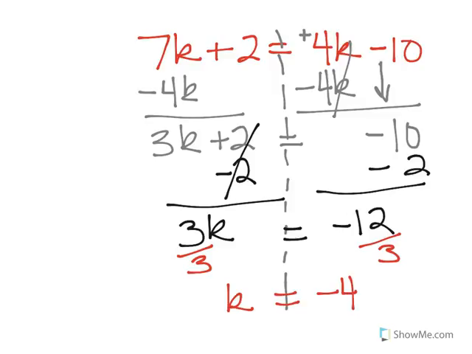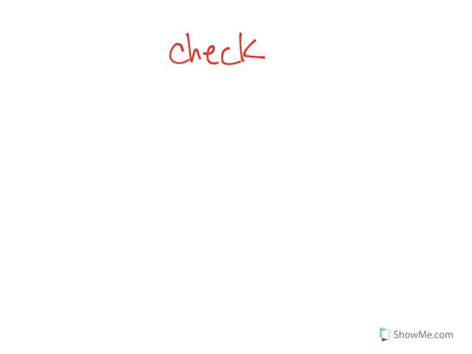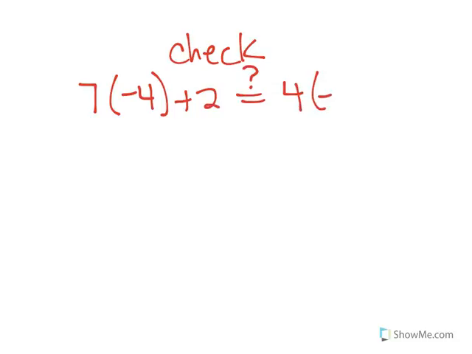Now what we should always do is check our solution. So we'll go back to the original equation and plug in our solution of negative 4. Does 7 times negative 4 plus 2 equal 4 times negative 4 minus 10? 7 times negative 4 is a negative 28 plus 2.